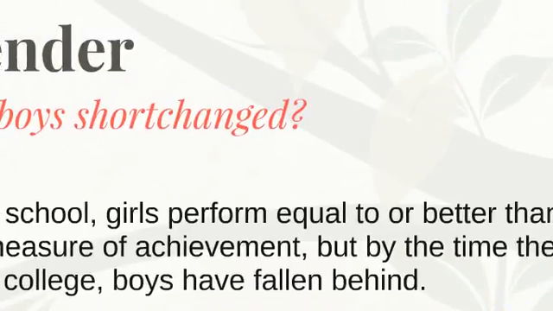Boys earn 70% of the D's and F's that teachers give out. They make up to 2/3 of students labeled as learning disabled. They account for 80% of high school dropouts and 80% of kids diagnosed with ADD or ADHD are boys. Now, I tend to believe that there's not something genetically different about boys.